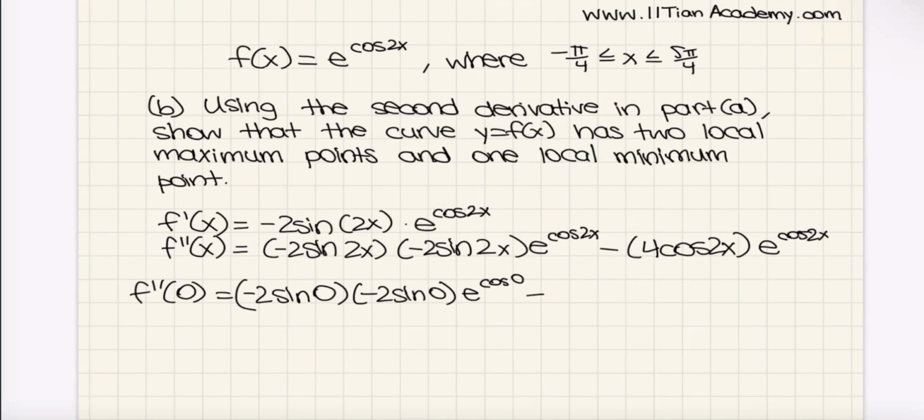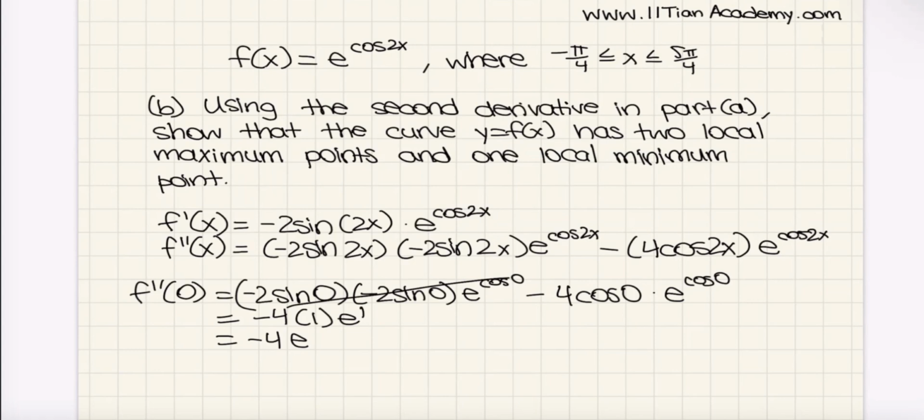And then minus 4 cosine of 0 times e to the power of cosine 0. Cos 0 is 1, so this is negative 4 times 1, and then e to the power of cos 0, that's just e to the power 1. So this is going to be negative 4e when we plug in 0.